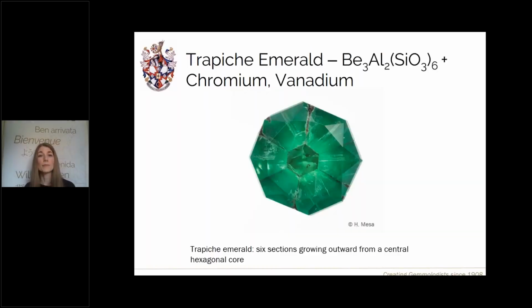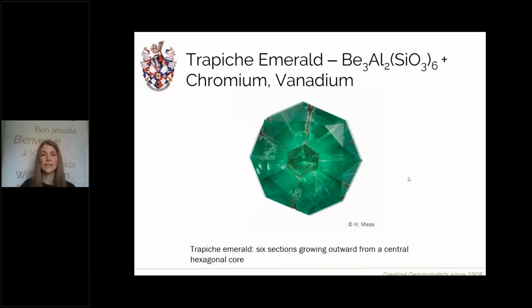We also have trapiche emeralds, and they are colored by the same coloring elements as our regular emerald. But I wanted to bring your attention to the trapiche emerald because it's just a fun and interesting variety within the emerald. And you can see in the center, and I'll outline it for you, this hexagonal crystal.